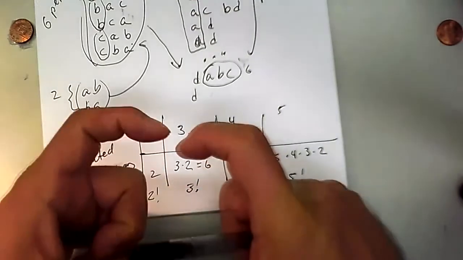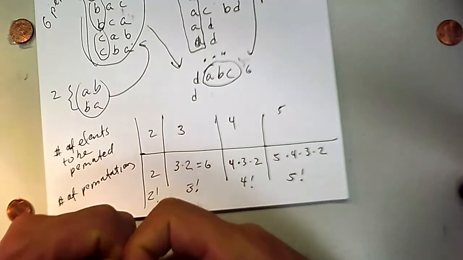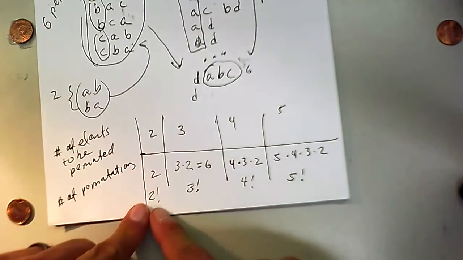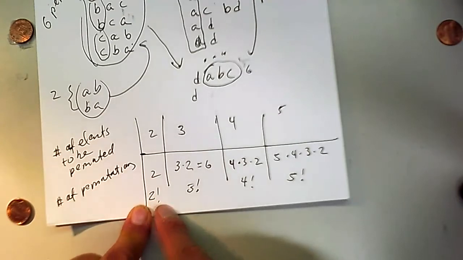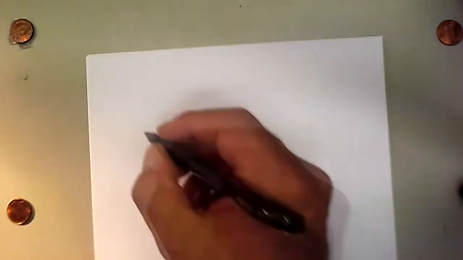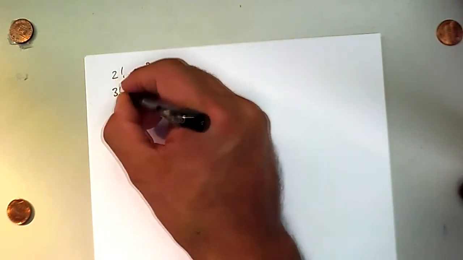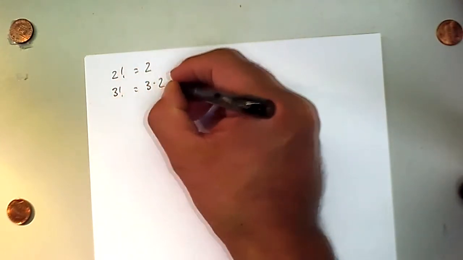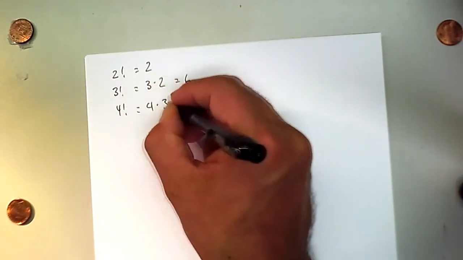However, the matrices that we're going to be working on are at least 1 by 1 or 2 by 2, really. So we're not going to worry about 0 factorial or 1 factorial, really. So just to emphasize, 2 factorial equals 2. 3 factorial equals 3 times 2, which in turn is 6. 4 factorial is 4 times 3 times 2.